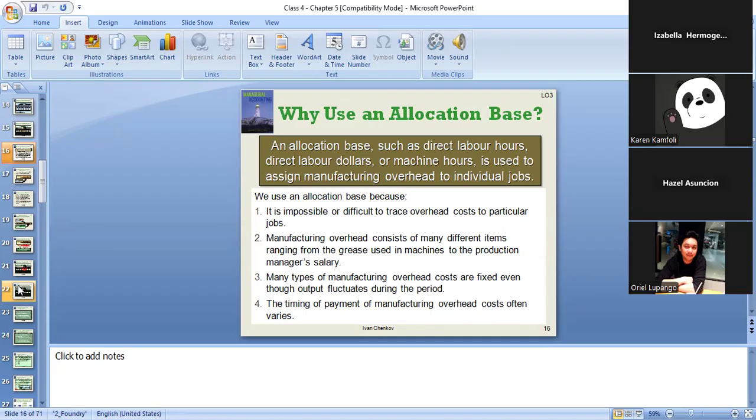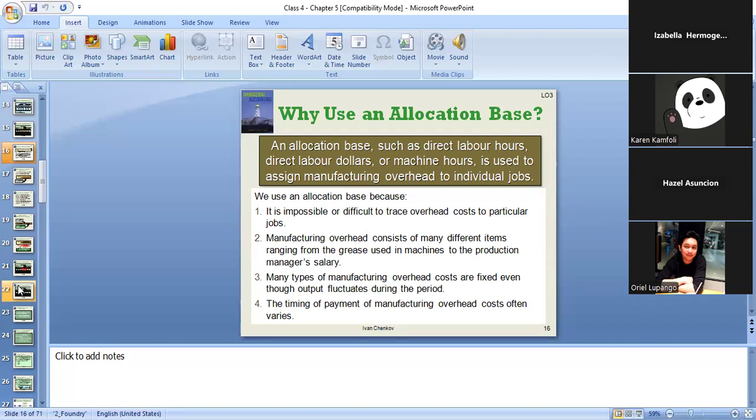Why do we need to use that allocation base? Because otherwise it would be impossible to apply the manufacturing overhead. Second, manufacturing overhead has so many different components inside. So it would be very hard to apply each of those components.